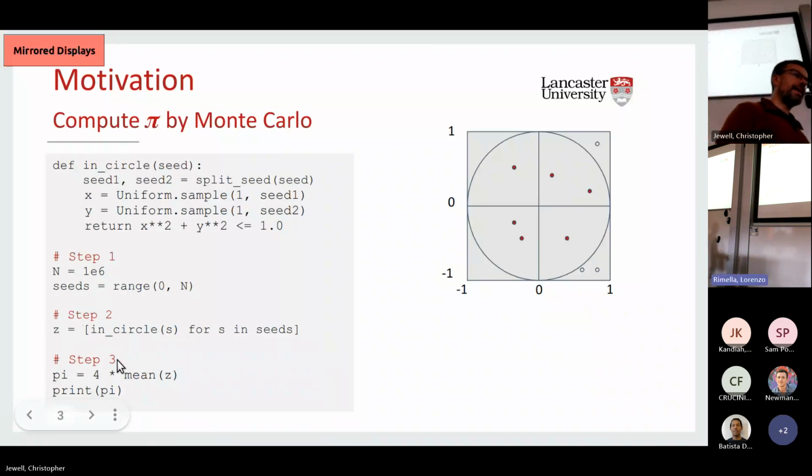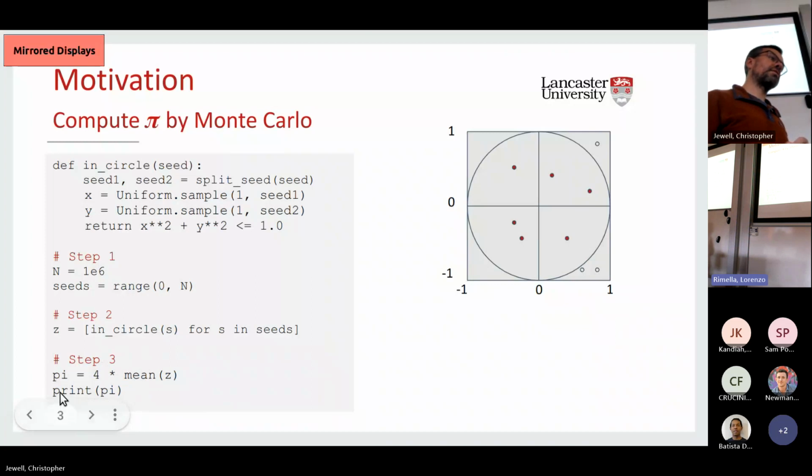And then in step 3, I'm just going to take that vector of trues and falses. I'm going to coerce the trues and falses to 1s and 0s respectively. And then I'm going to take their mean, which will be the proportion of points in the circle, multiply by 4 and then return my estimate. Importantly here, I've got a scalar multiplication, 4 times, and then a scalar function, mean, or something that returns a scalar.